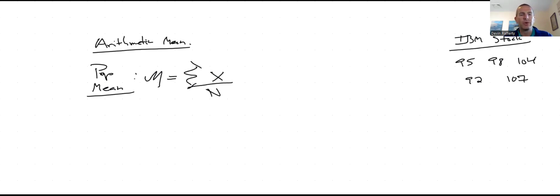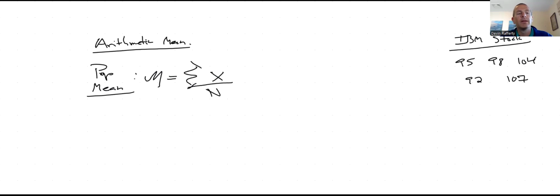So what this formula is saying is that our population mean, the population mean mu, which is a Greek letter, is a parameter. We also know that it's a parameter because it stands for a population mean. Parameters are characteristics of populations, and this is a characteristic of a population.